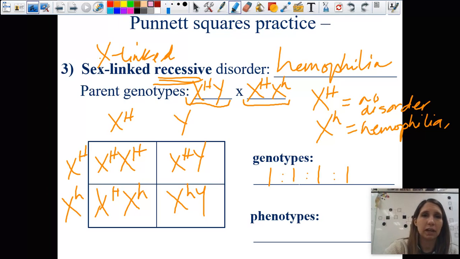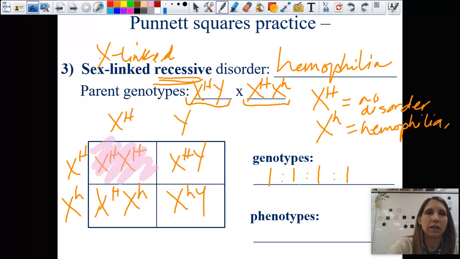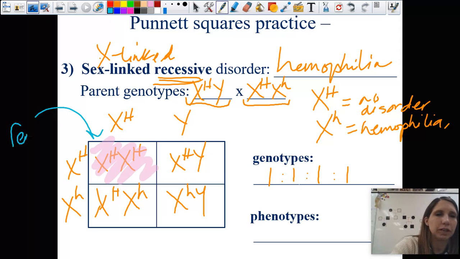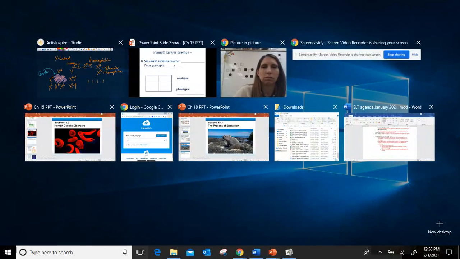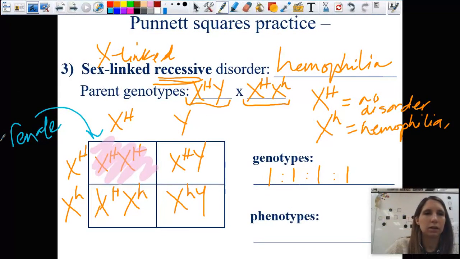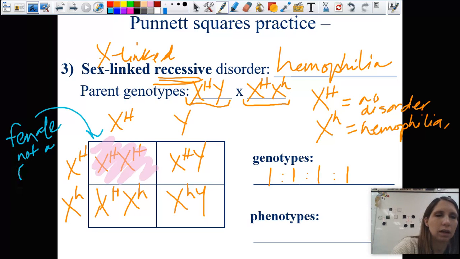Okay, so let's say here I want to talk about this individual first. I know this person is a female because she has 2 X's. I also know she is not a carrier, right? So no disorder, not a carrier.